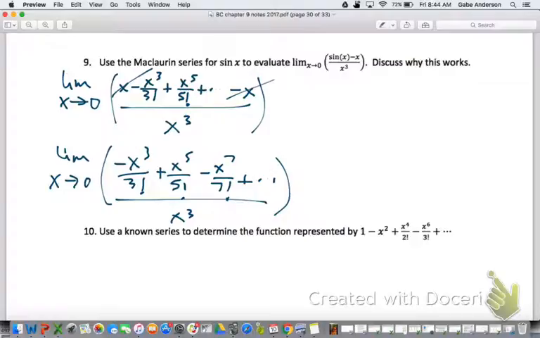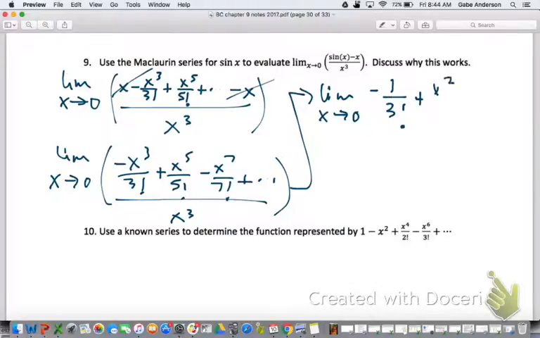So then we could rethink this through and say, okay, now simplify this as really the limit as x goes to 0. Wouldn't it be negative 1 over 3 factorial plus x squared over 5 factorial minus x to the 4th over 7 factorial plus dot dot dot?